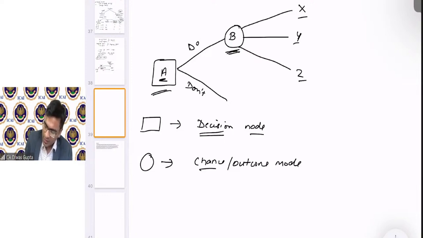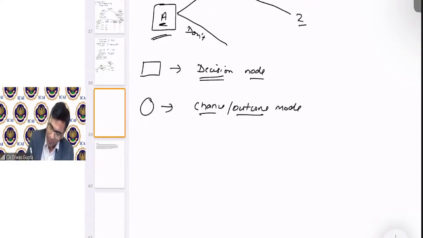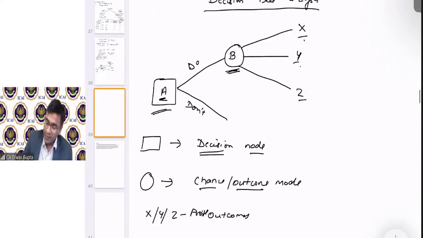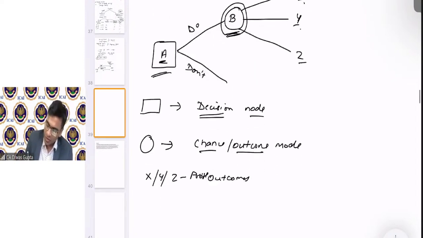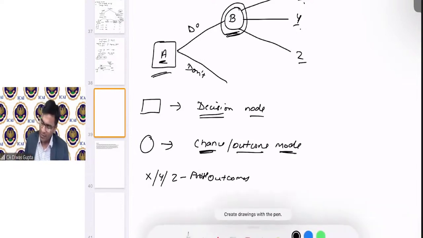So this is three different chances, right? X, Y, and Z are the possible outcomes. These are the different possible outcomes. But B here, this circle here, is called as chance node. Beyond which there will be an outcome. I can mention like this.